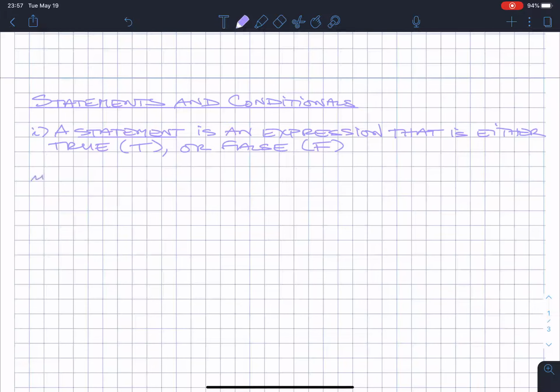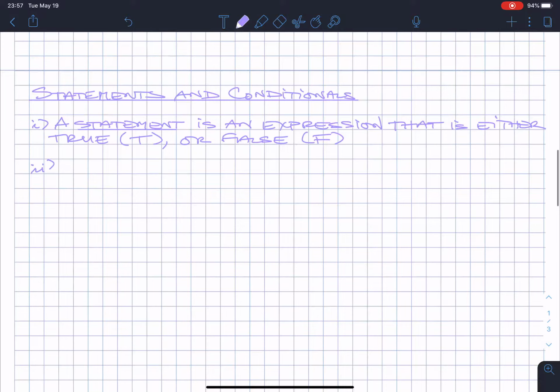So the second definition of what I'm defining here is the conditional.